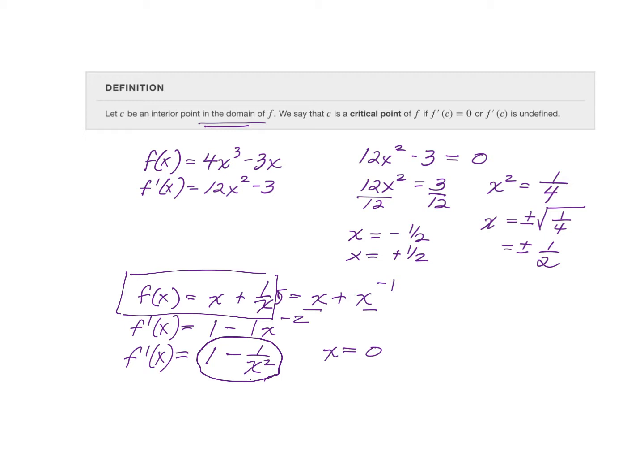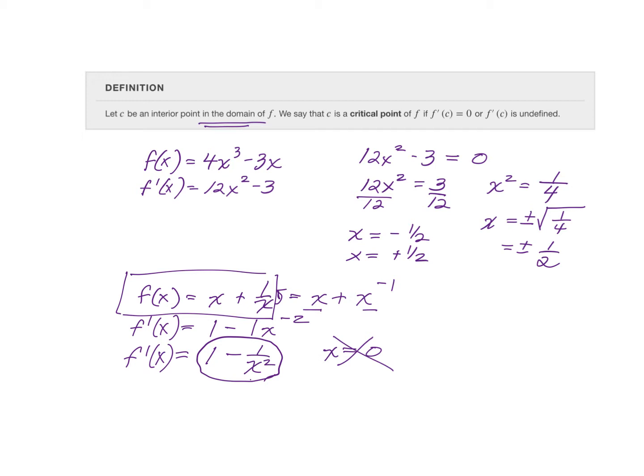So x equals 0 was not in the domain of f. Therefore, x equals 0 is not a critical point. Even though f prime of 0 is undefined, since 0 was not in the domain of the original function, 0 is not a critical point.